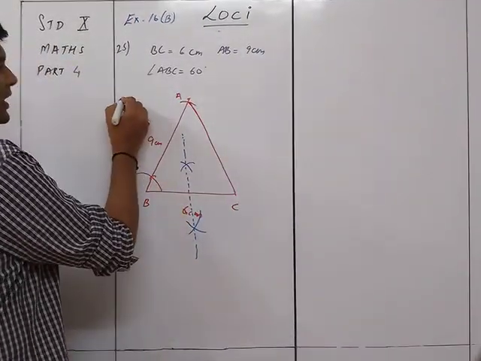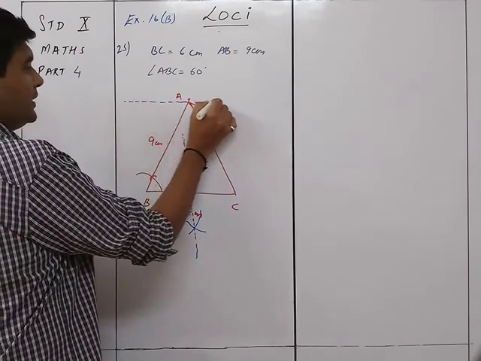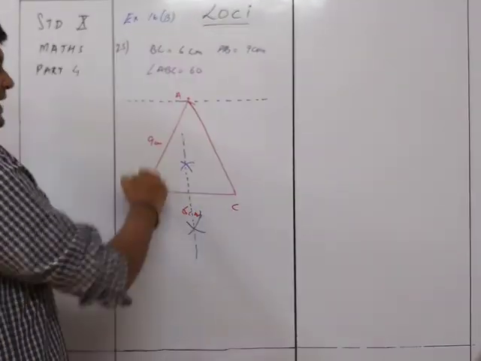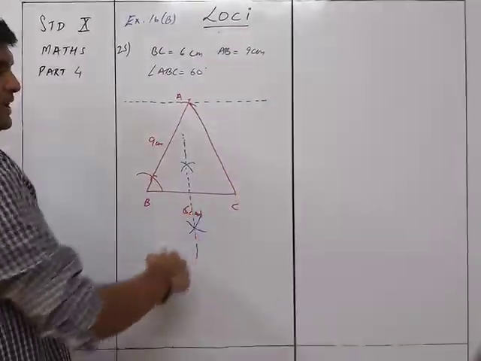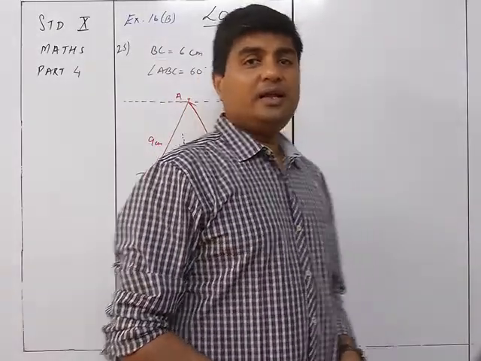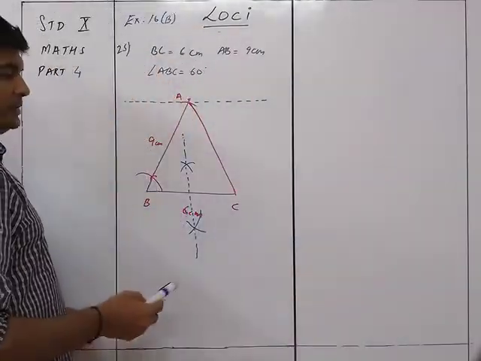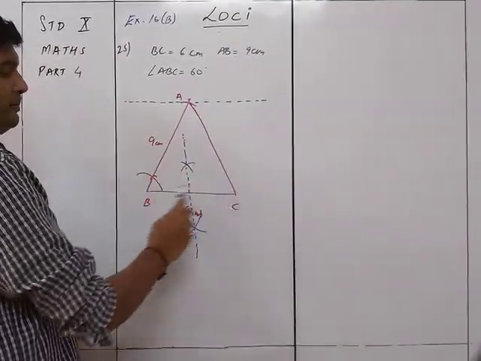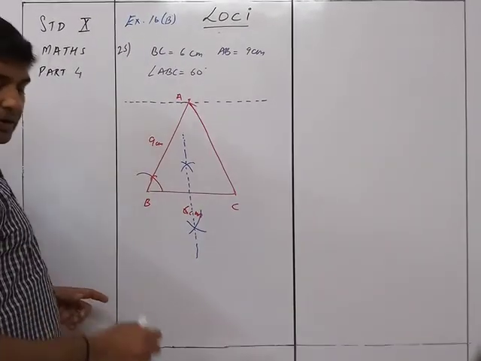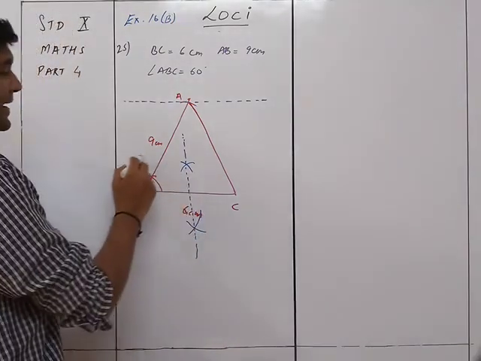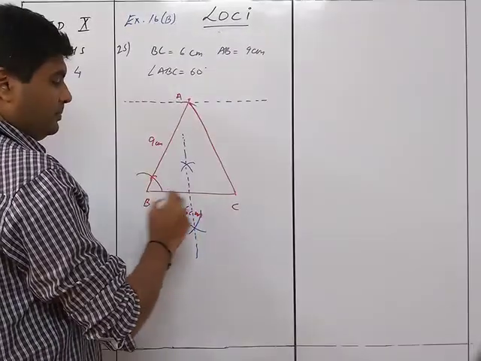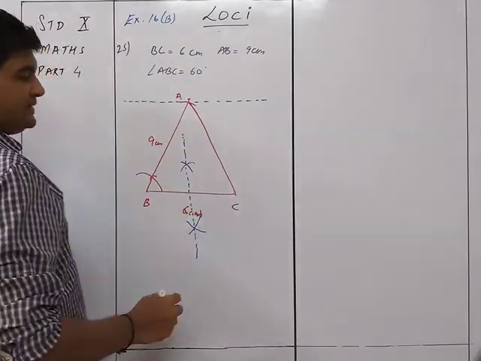If I draw a line parallel to BC, whatever triangle I draw over here will have the same area, because we know by the area theorem in the 9th standard that the areas of triangles between the same base and the same parallel lines are equal. That's why the locus will be a line parallel to BC passing through A.